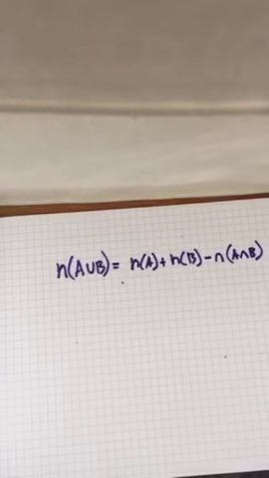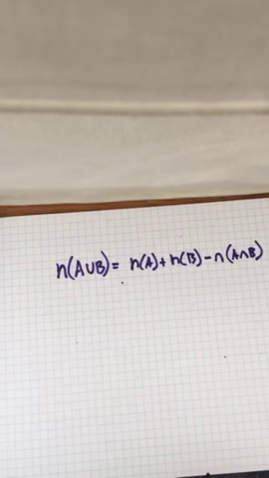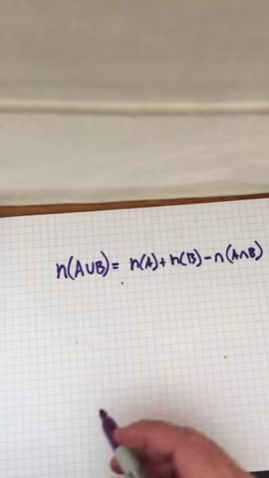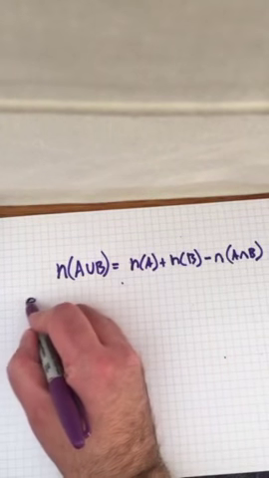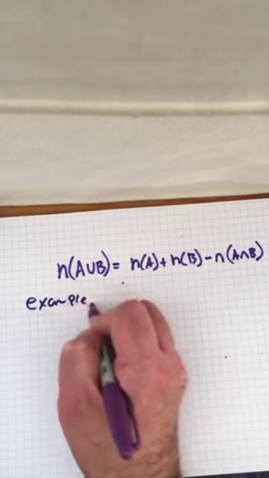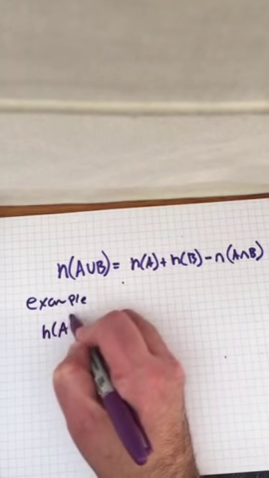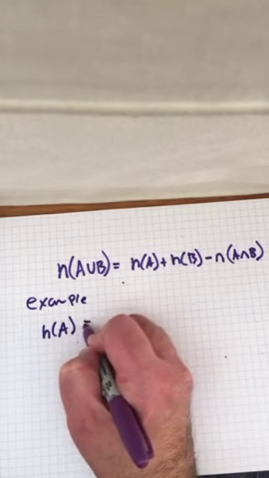So some of the examples you might have in your homework might say something like, let's say that we know n of A equals 4.